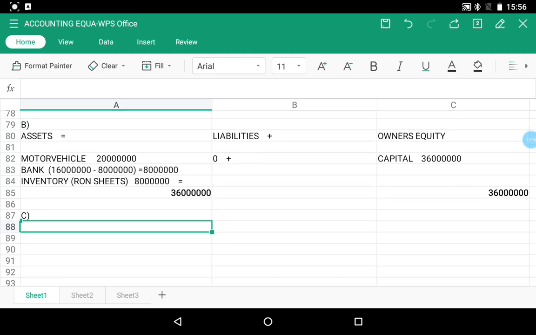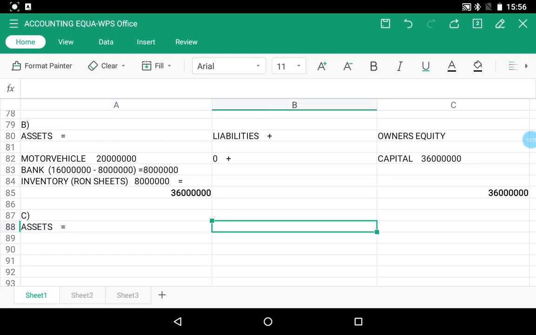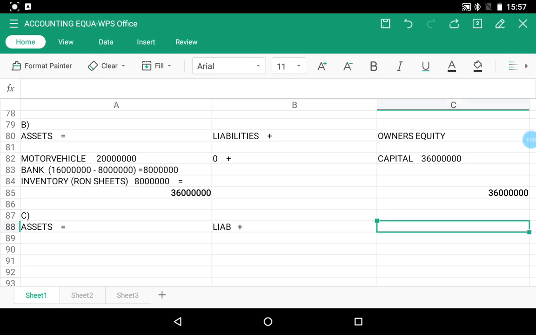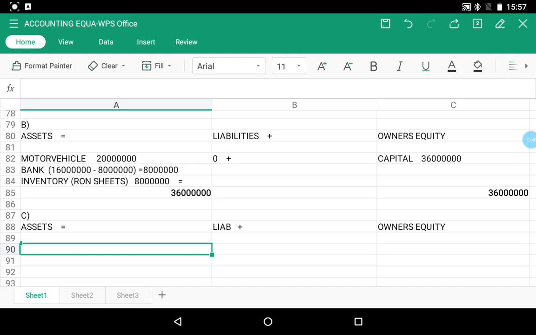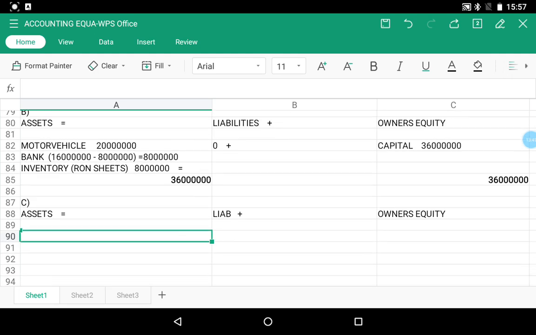So now we are coming back to our working place. Here we are going to first state our accounting equation, which is assets is equal to liabilities plus owner's equity.